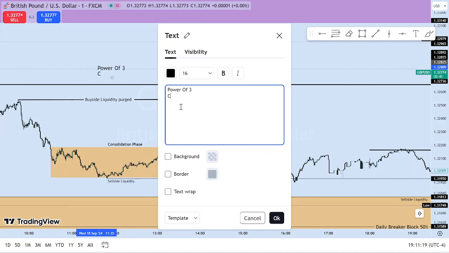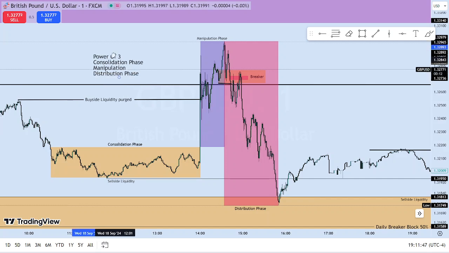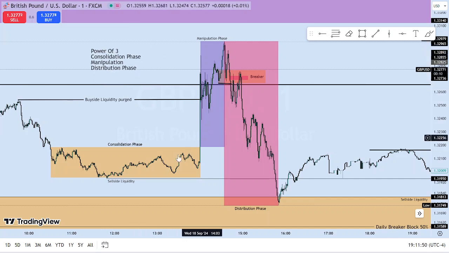We have the consolidation, we have manipulation, and we have distribution phase. That makes up the power of 3. And here is the example of it.